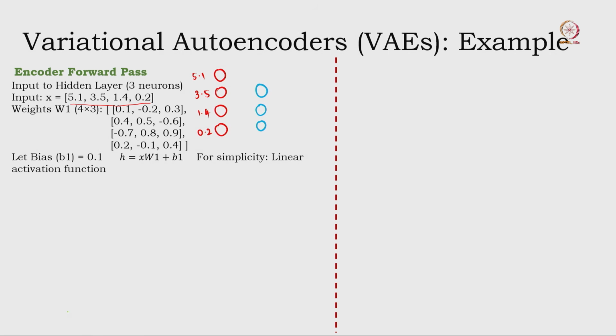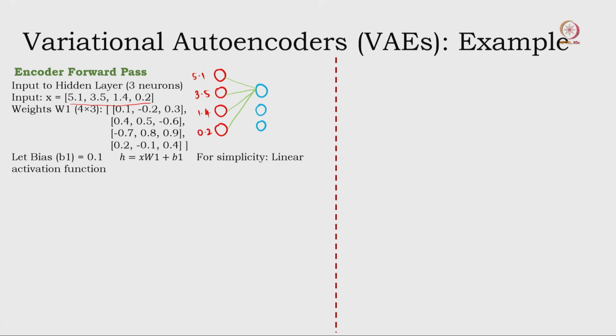Okay. So, we now have to establish the connections. How do we establish a connection? From here you will have a connection here. If there is a connection, there will be a weight. From here there is a connection, and from here there is a connection. Whenever there is a connection, we will have weights associated with it. What are the weights?